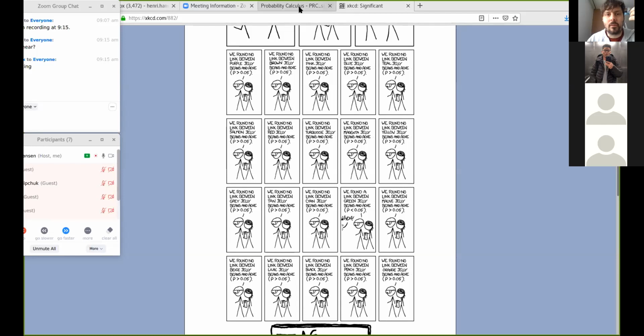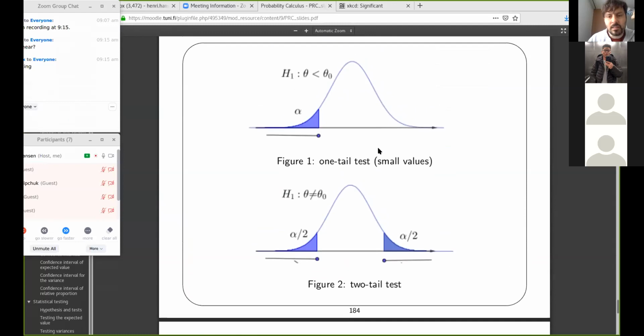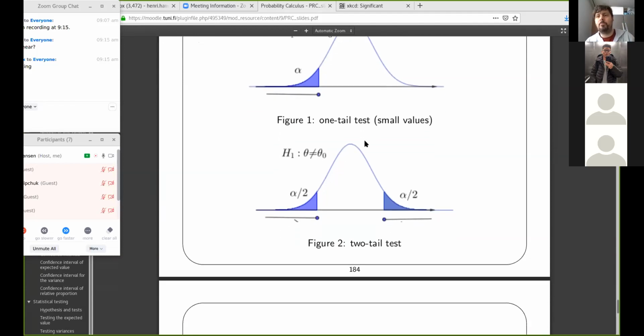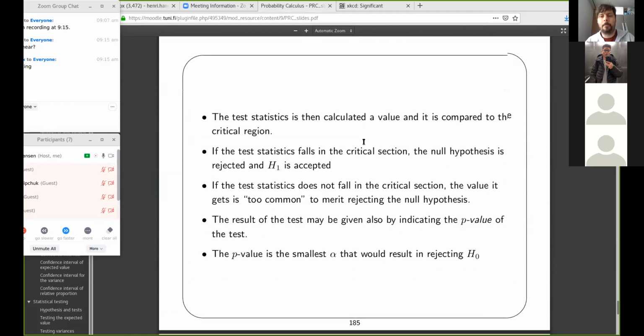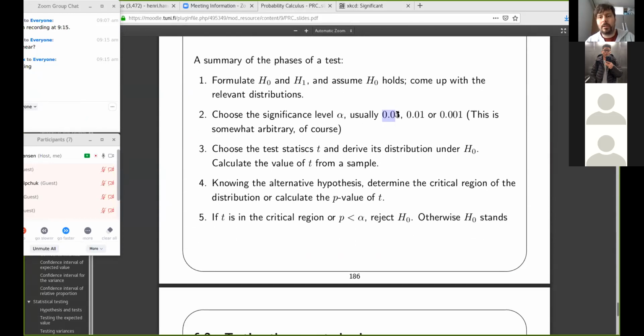Going back to this picture, you take values. Most common values will be here, but if this is 0.05, for instance, then 1 in 20 results will be in this critical region regardless. That's the idea of the probability of type 1 error: 1 in 20, 1 in 100, or 1 in 1,000.